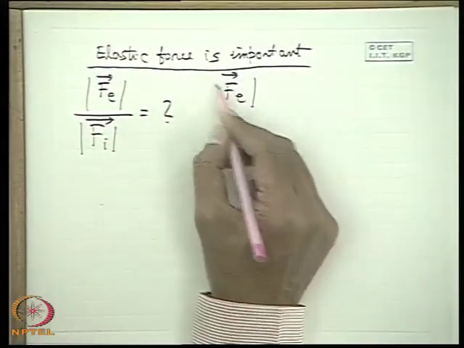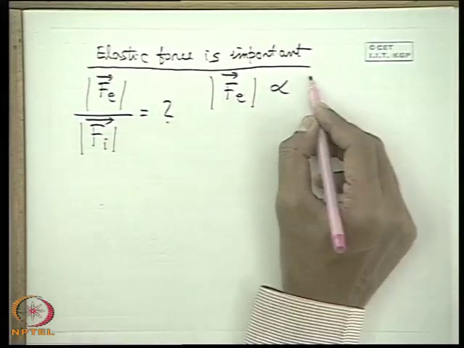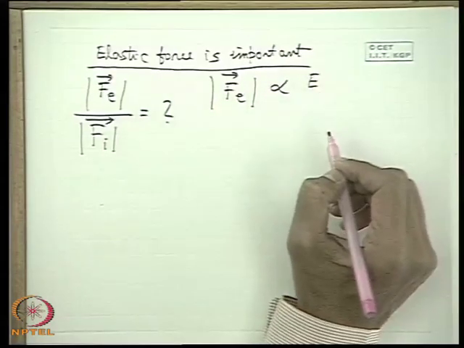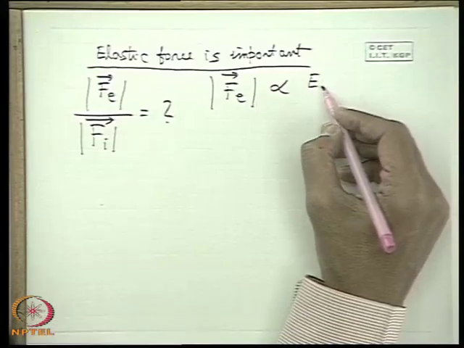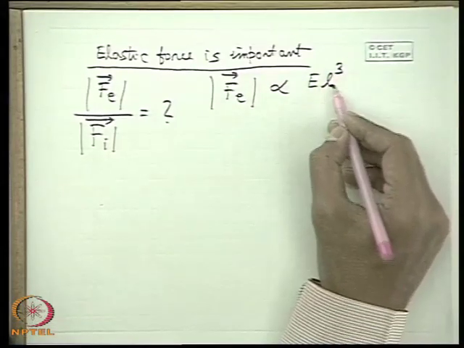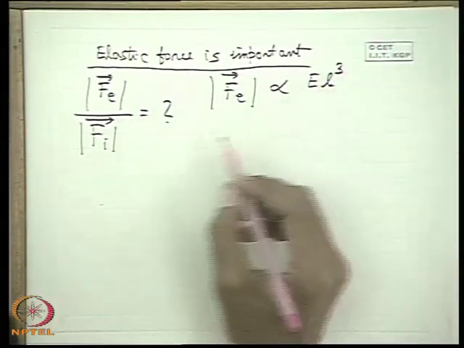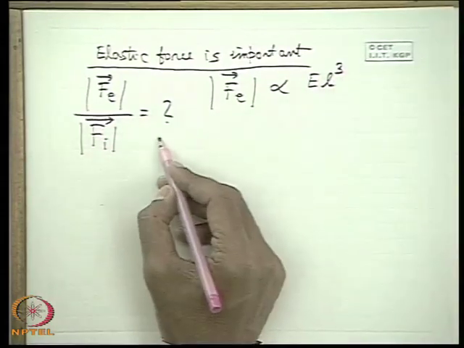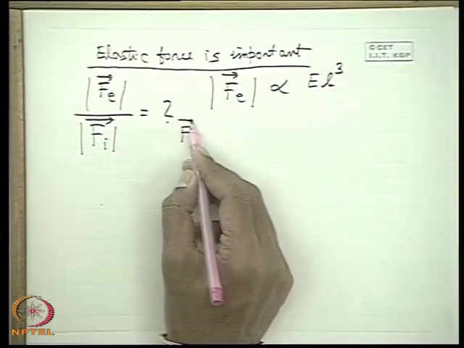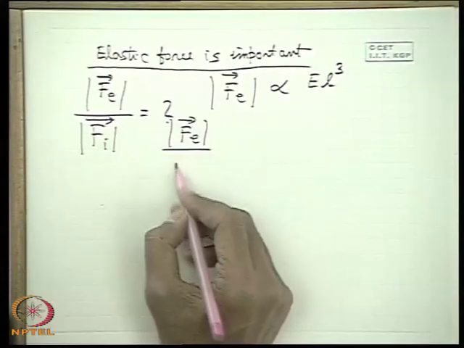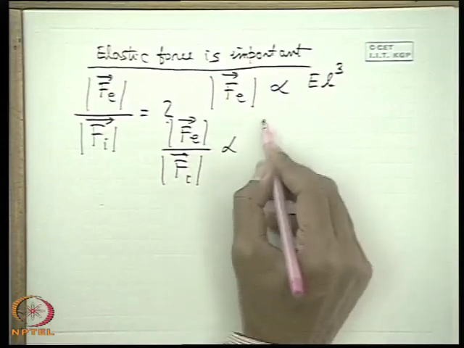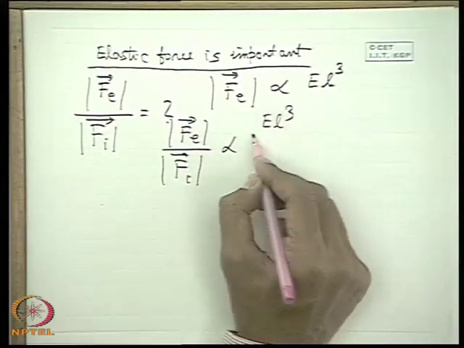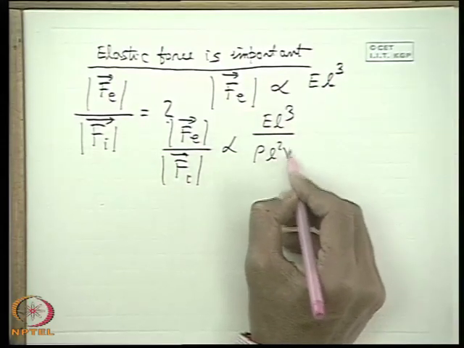The magnitude of elastic force, as you know, is proportional to coefficient of elasticity, that is bulk modulus of elasticity, times the volume, that means L cube, some characteristic volume, that means cube of the characteristic length. Fi we already know. So therefore, this ratio between the elastic force and the inertia force is proportional to EL cube divided by rho L square V square.